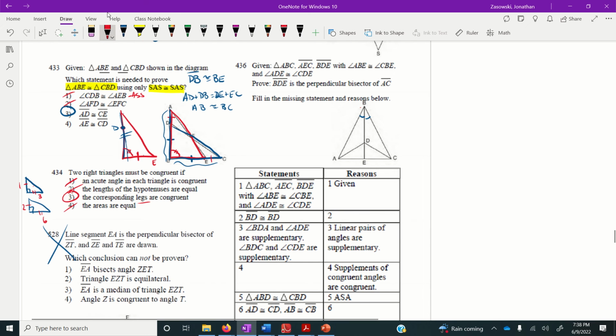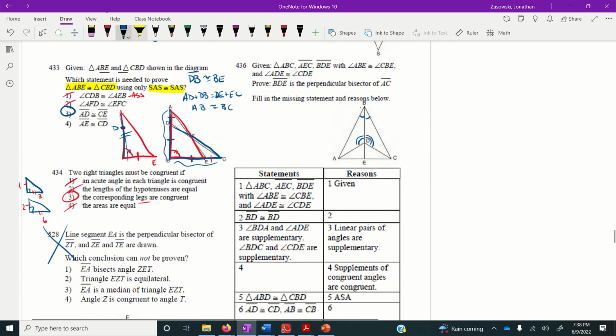Okay, angle ADE is congruent to angle CED here. Okay, and we want to prove that BDE is the perpendicular bisector. This line is the perpendicular bisector of AC.